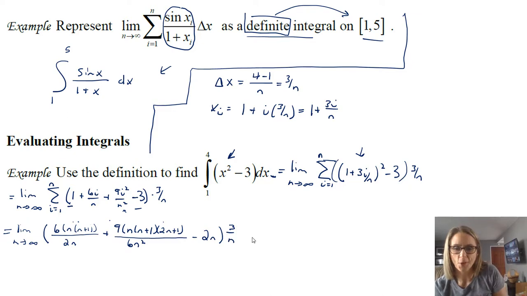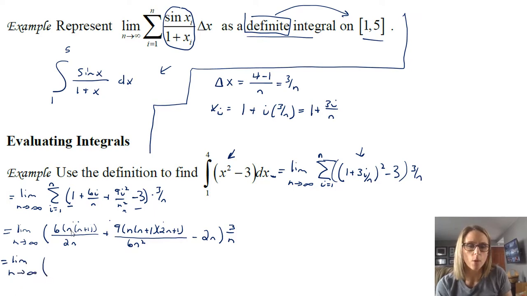All right, so now I'll come down again. So I have the limit as n goes to infinity. We're almost there. Now we can think about what we get when we do these with the 3 over n on the outside.